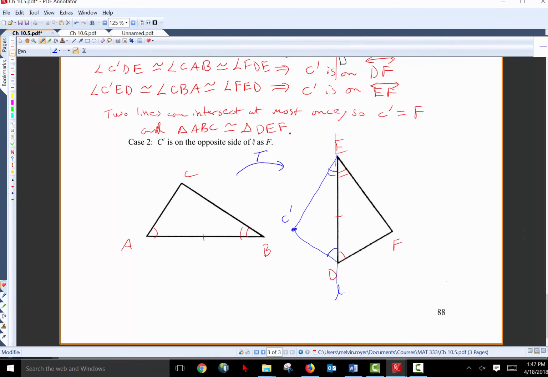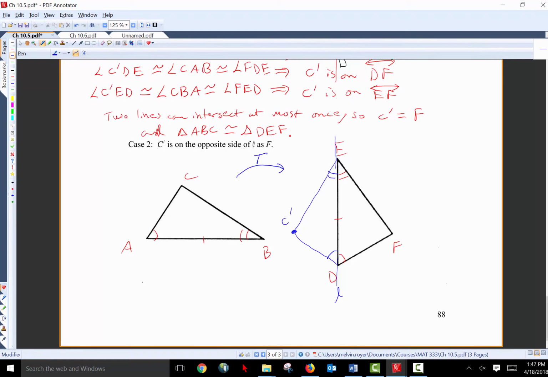Let's label this line L again, and let letter U be the following transformation. First, it's T, so that would take triangle ABC to the blue triangle.